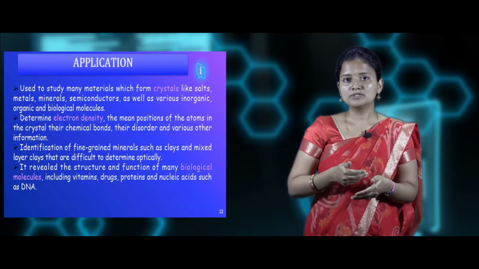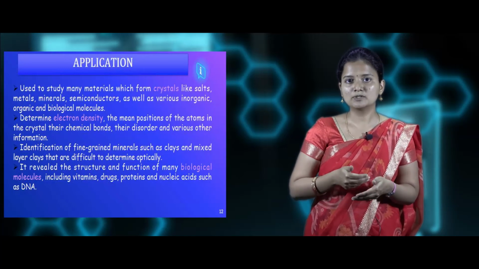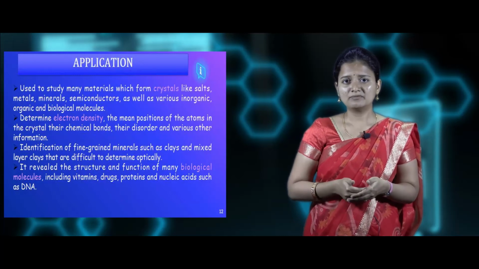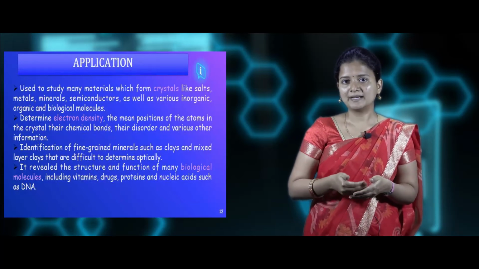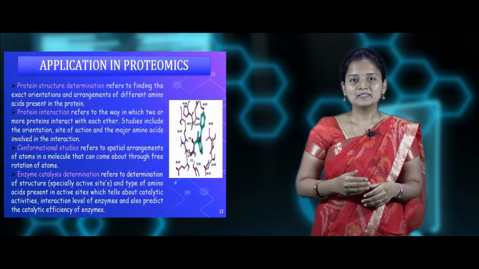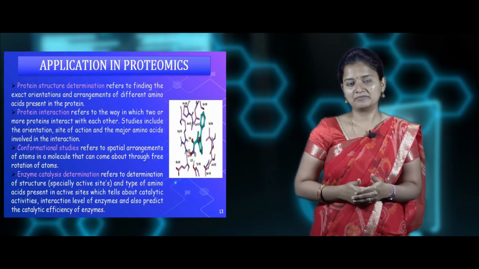It is also used to find fine-grained minerals like clays, and mixed clays can also be found with the help of X-ray crystallography. Finally, we can also find the structure and function of biological molecules like drugs, proteins, other chemicals, and DNA and RNA molecules.